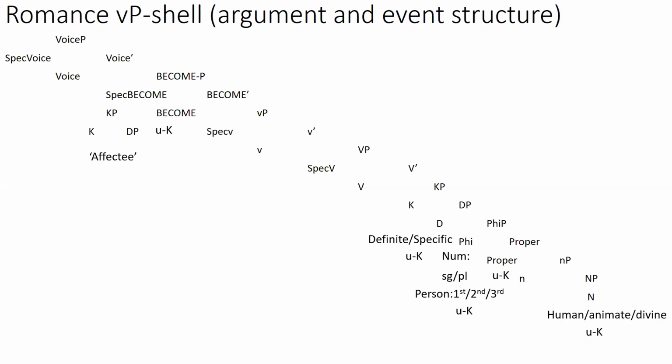So we get this type of picture where we see there are different DOM triggers here. So DOM, formally schematized like this, seems to be quite layered. There are several layers of functional projections which trigger DOM. And this, as we will see, will become relevant later on.